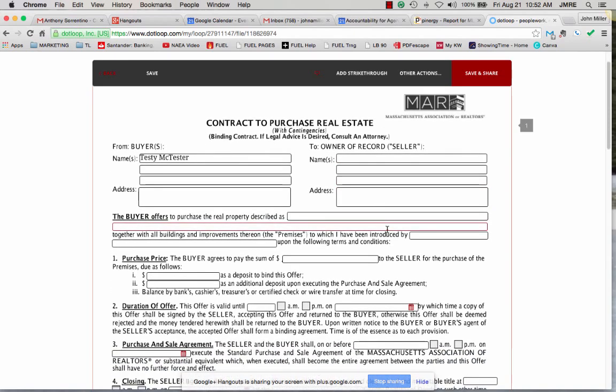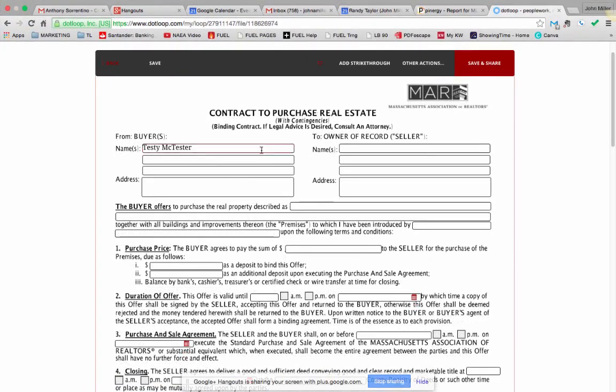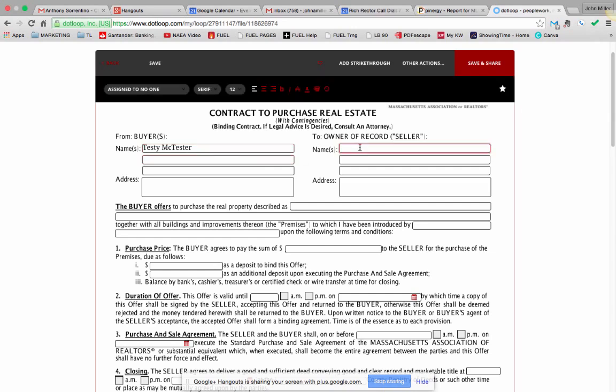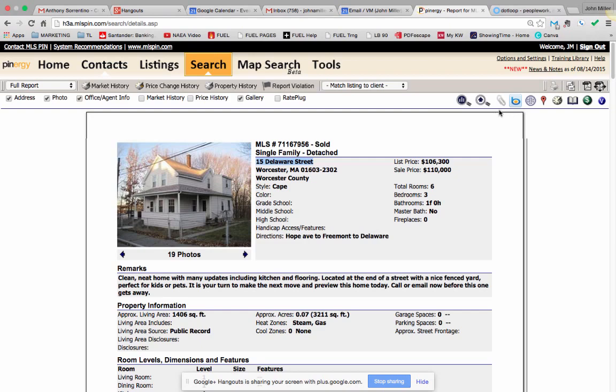So, contract to purchase real estate. What we're going to do here is, I just want to expand this screen a bit. Over here, if you know the owner's name, you can type it in here. If not, you can just put owner of record. And you could go into MLS if you wanted to, and let's say this was the property you were writing an offer on.